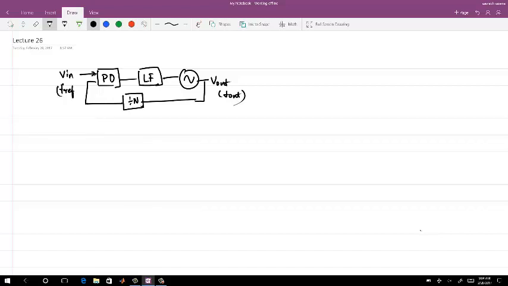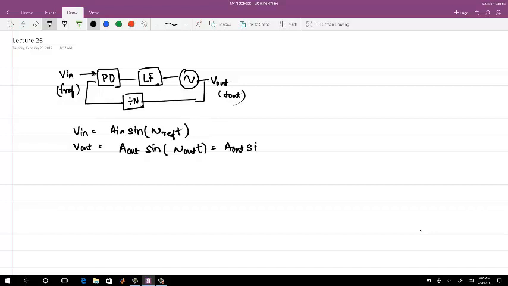We know that v in is A in sine or cosine of omega ref times t, and v out in the locked case is A out times sine of omega out t, which is the same as sine of N times omega ref times t.